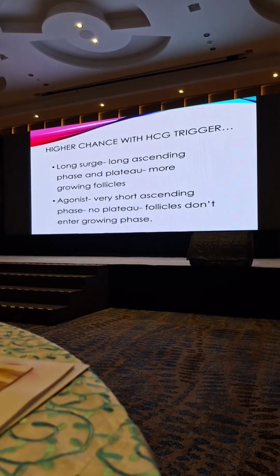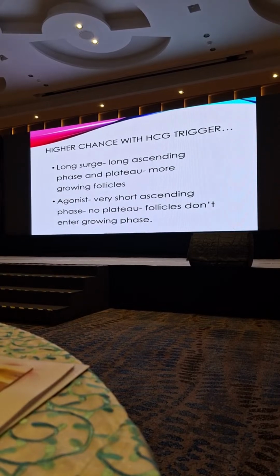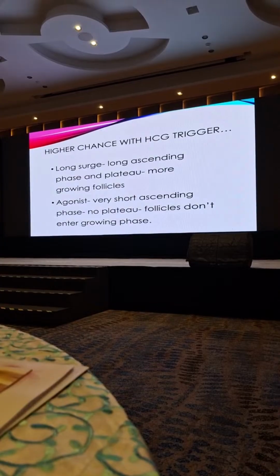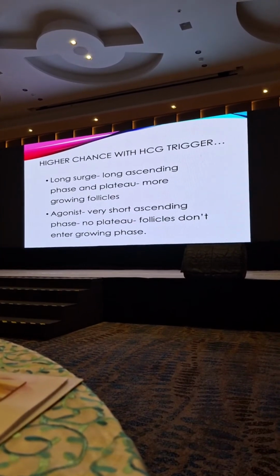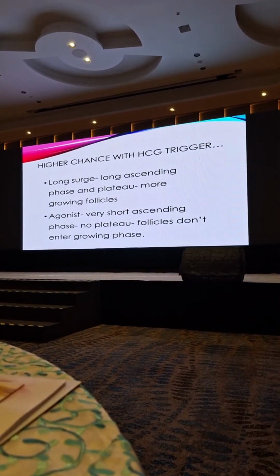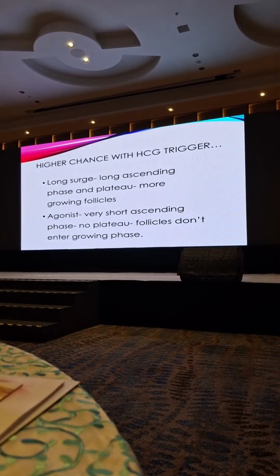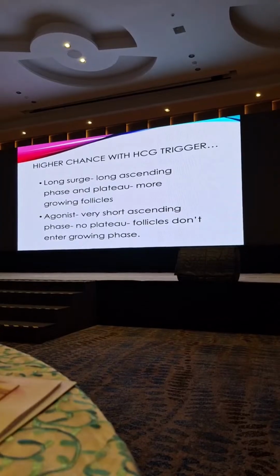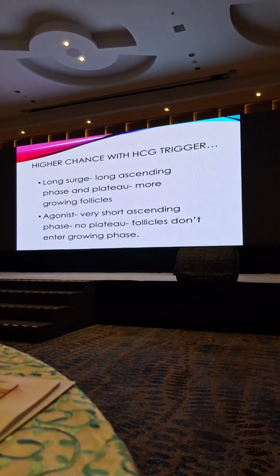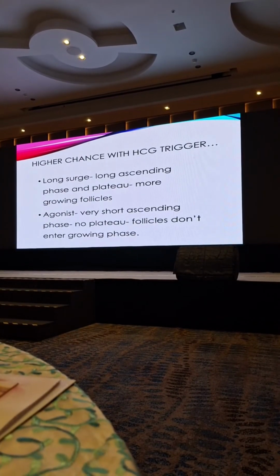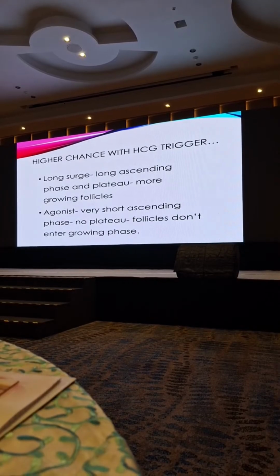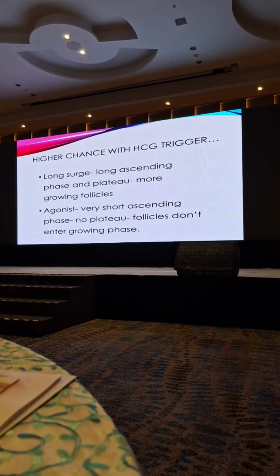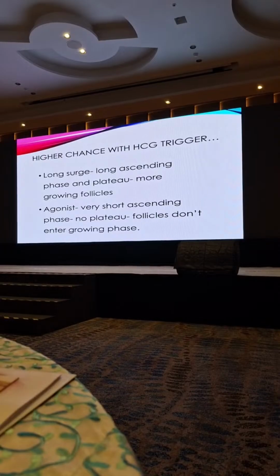That means if I want to prevent OHSS, I will not give HCG, which has a long surge and more chance of developing growing follicles, when I have multiple medium-sized follicles. Simple message. If you have multiple medium-sized follicles, 11 to 14 millimeters, don't give HCG or give a very low dose HCG, because that is when there is the risk of OHSS.